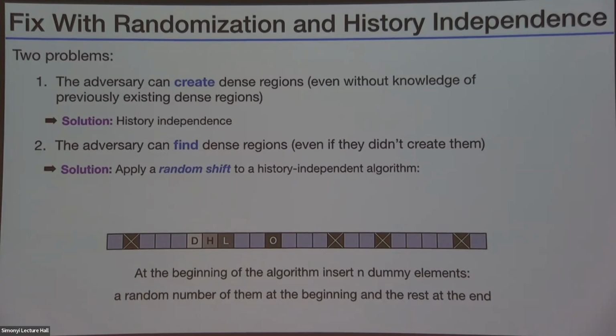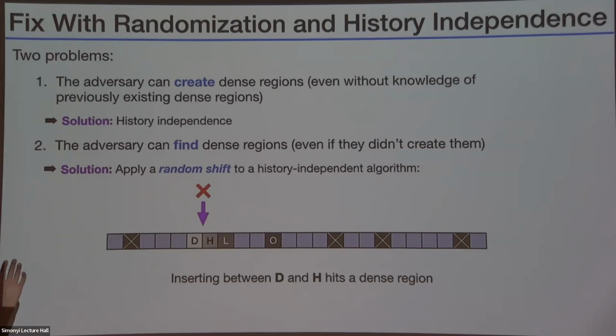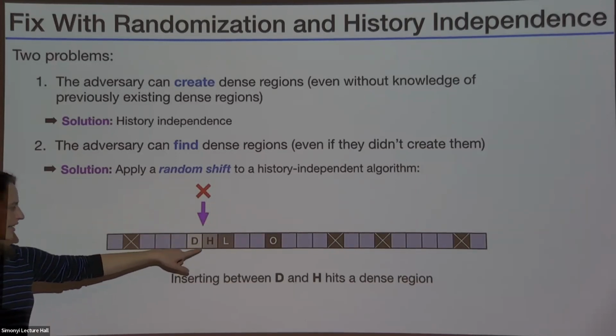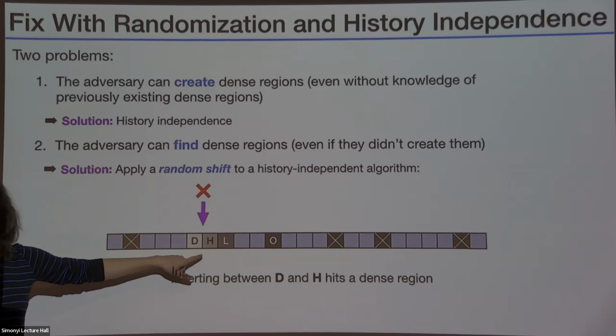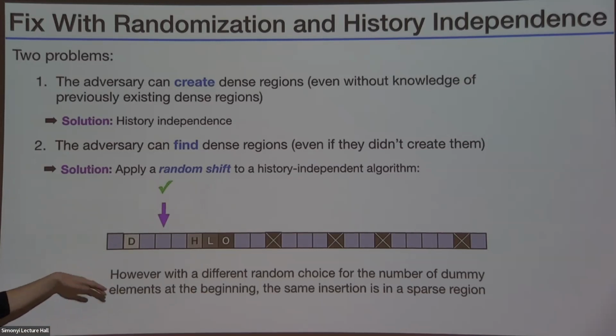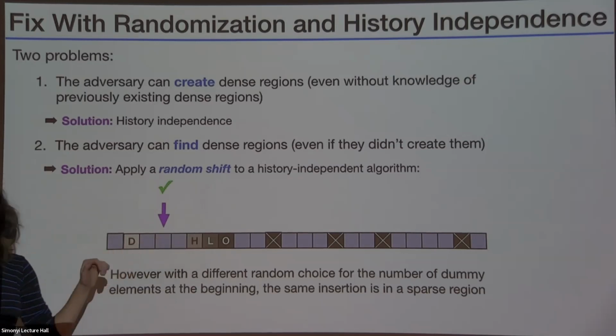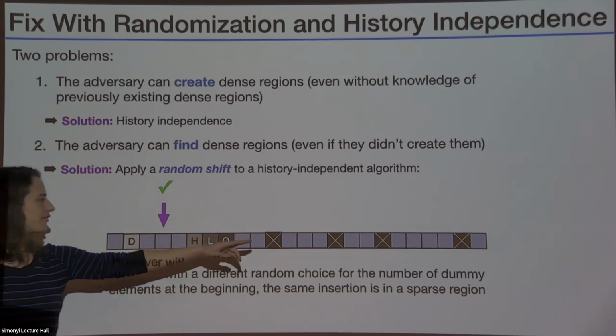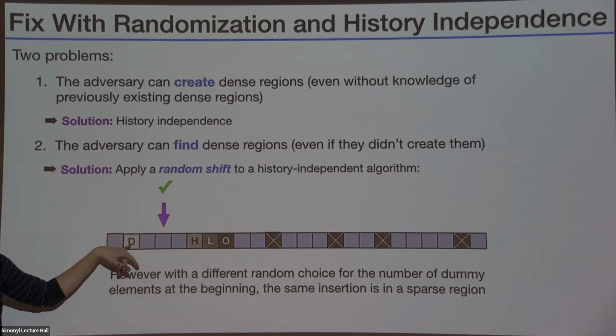The intuition for why this helps is that, let's say the adversary inserted between D and H, and it successfully hit a dense region here. But on the other hand, if we had taken a different random choice of how many of the dummy elements to put at the beginning and how many to put at the end, let's say we put all 4 of them at the end, then the same exact insertion between D and H would be a good insertion for us, and we could just put it straight in there.